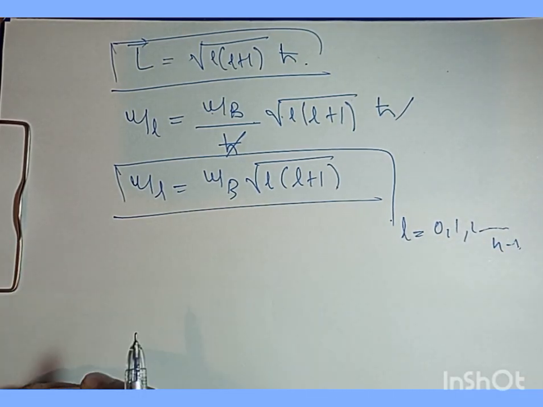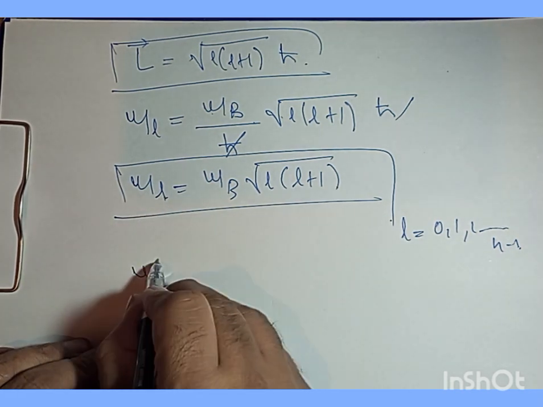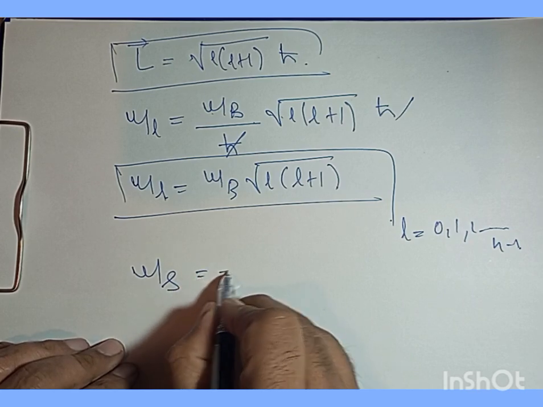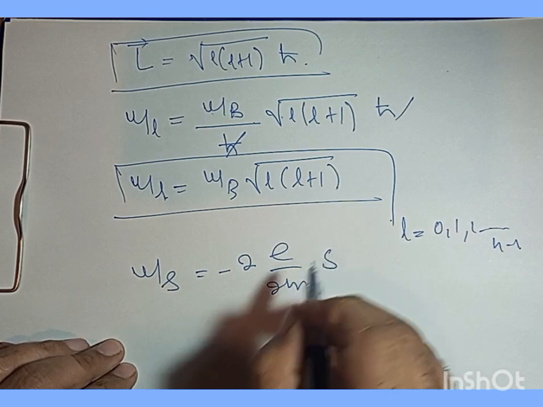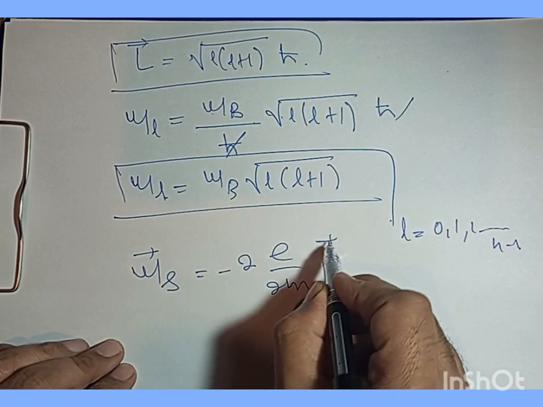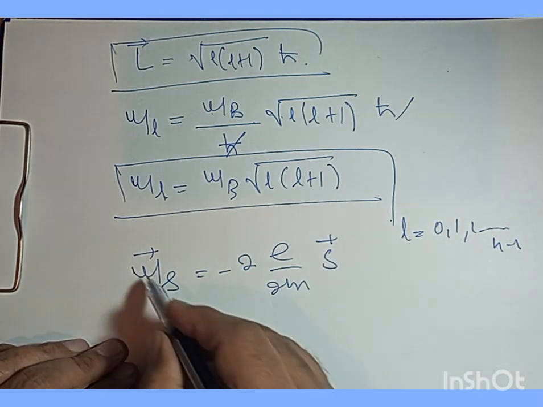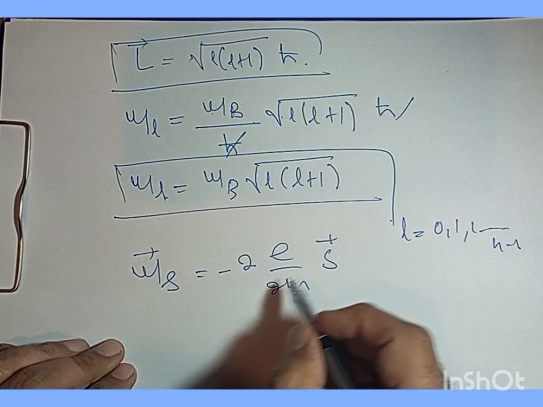Now, a similar analysis gives us the spin magnetic moment, mu s, and this mu s is minus 2 times e by 2m times S. Again, this spin magnetic moment has its direction opposite to the direction of the spin angular momentum.